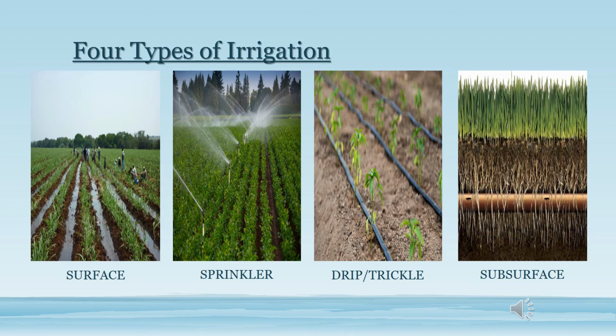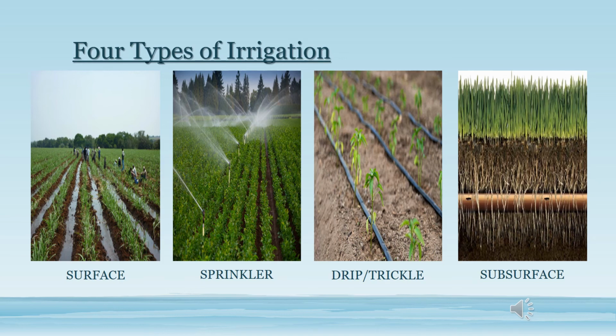Fourth, subsurface irrigation. Subsurface irrigation consists of methods wherein irrigation water is applied below the soil surface. The specific type of irrigation method varies depending on the depth of the water table.